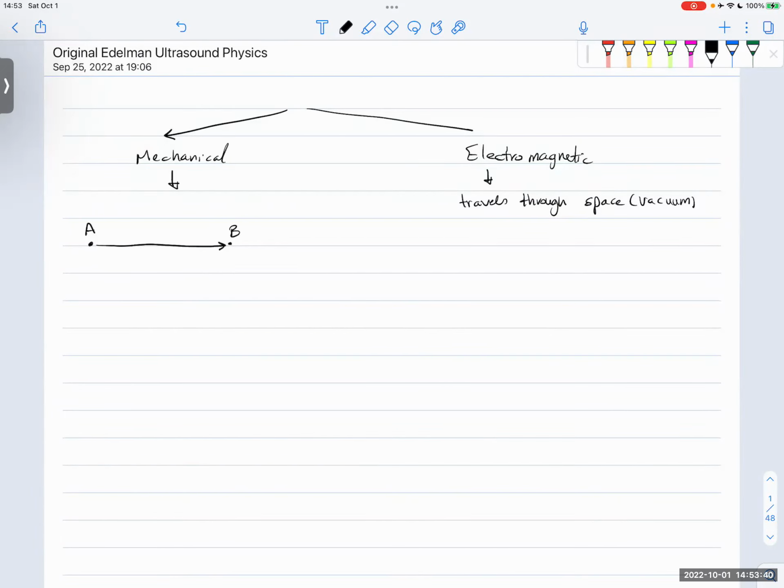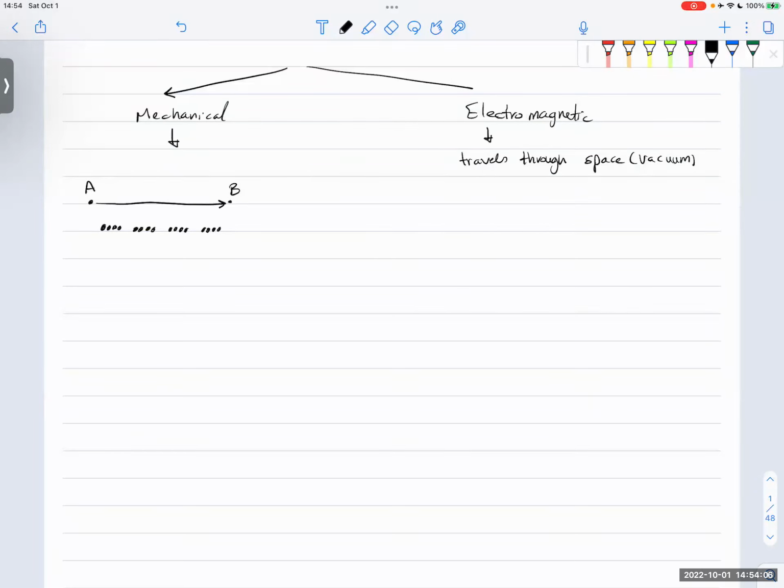In order to move the energy from point A to point B, in a sound wave, which is a type of mechanical wave, there will be some vibration of an object. This vibration causes the object to move from point A to point B, and results in areas of high pressure or density, known as compression.